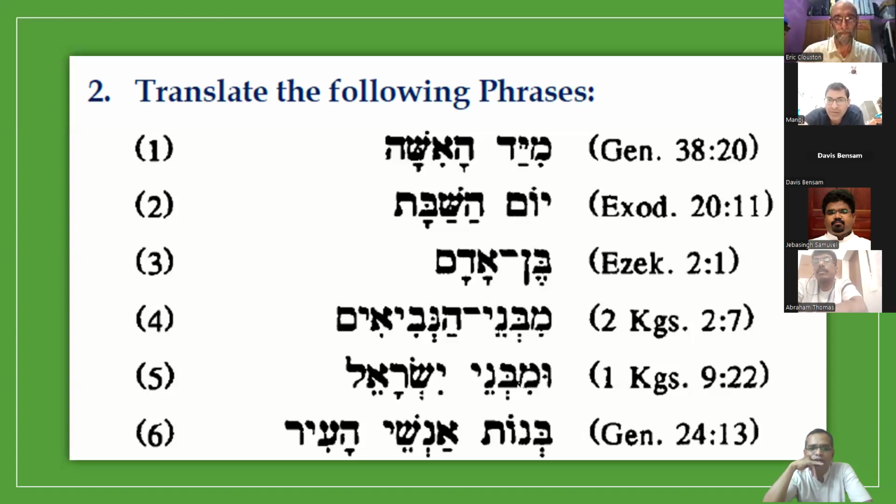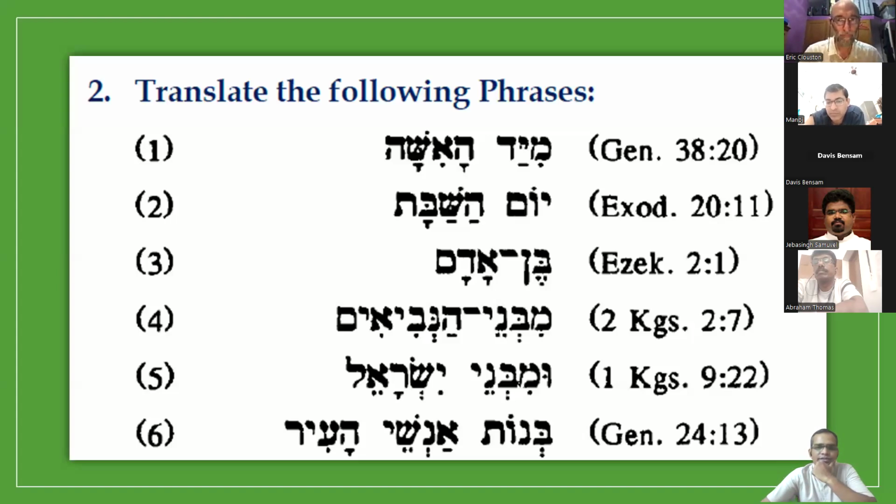So one thing that can be noticed here is what? The first noun is in construct state, right? Yes, sir. The second noun is in construct state, right? And the third one is in the absolute state, right?